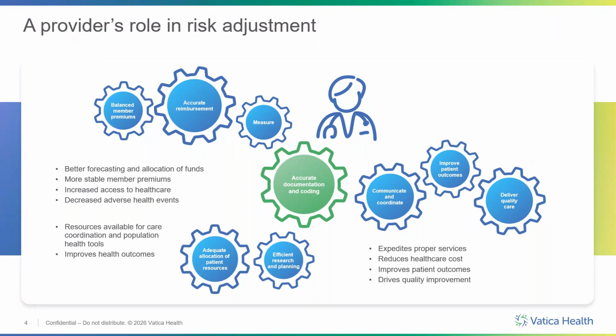ICD-10 codes are also used to create a risk adjustment score that reflects the complexity of a patient's health status, and that helps determine funding. So if our coding isn't accurate and complete, then we're going to risk not having the resources needed to care for our patients. And risk adjustment relies entirely on our accurate provider documentation to drive this process.